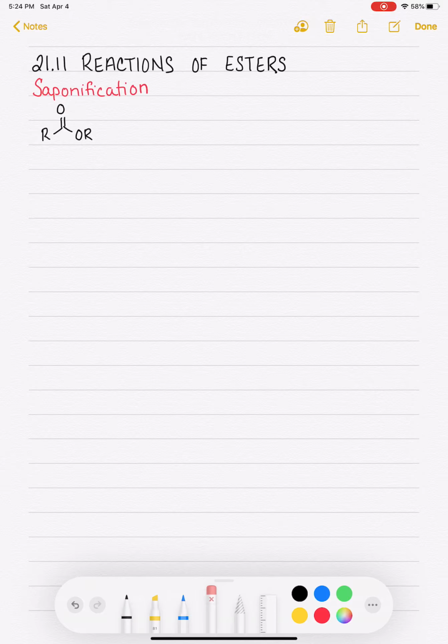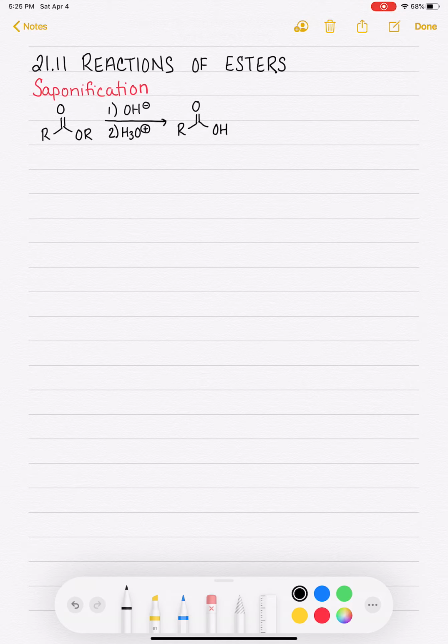This is a two-step reaction, so the first thing that you have to do is react the ester with a strong base, hydroxide, and then the second thing you have to do is react it with an acid, H3O+, which seems kind of silly that we're doing one right after the other, but we're going to look at the mechanism and you'll see why.